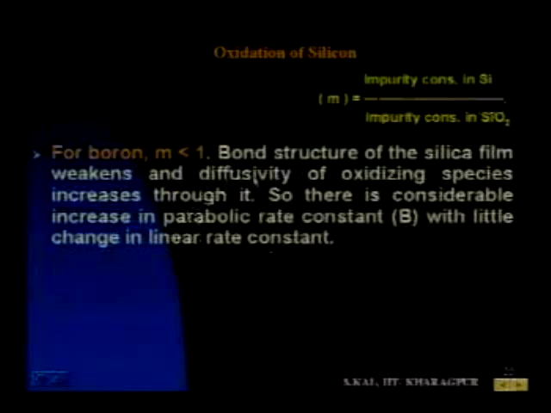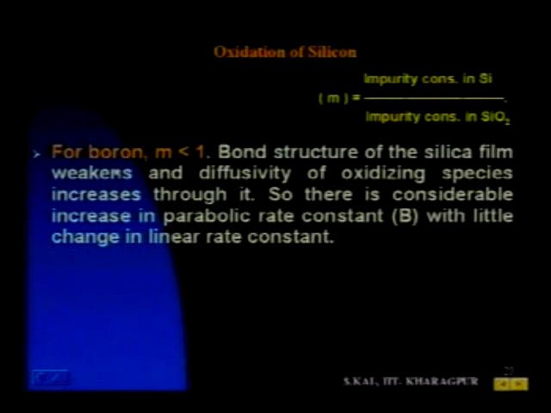As a result, what will happen? Bond structure of the silica film weakens, because if a lot of boron atoms are trying to stay inside the bond structure of the silica film, that bond structure will be weak. So because of that, diffusivity of oxidizing species increases through it, because if bond structure is weak, then a lot of oxidizing species will diffuse through that silicon dioxide layer.